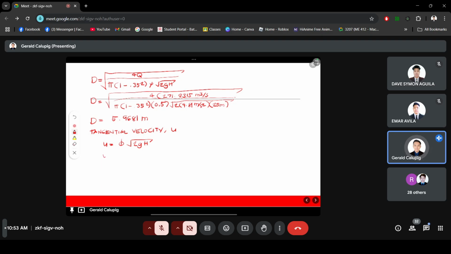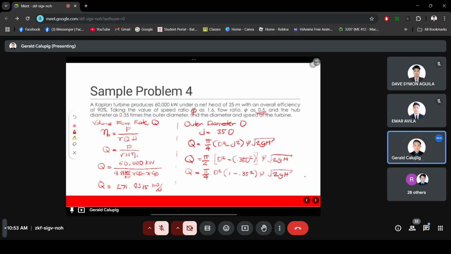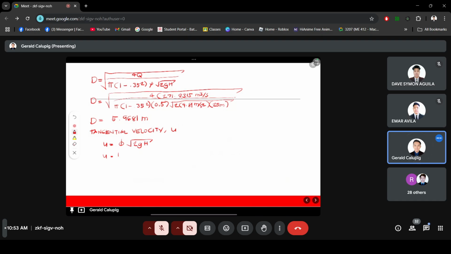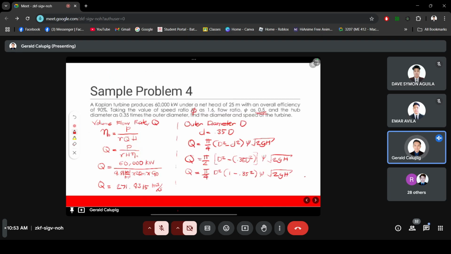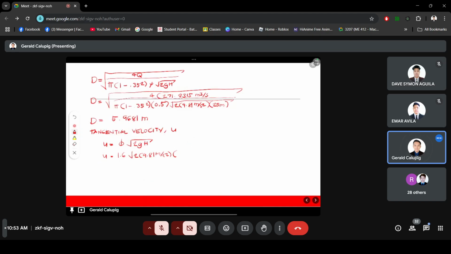So we have here u is equal to, what is our value ng p? 1.6 times square root of 2 times 9.81 meter per second squared times the value of our h is 25 again.